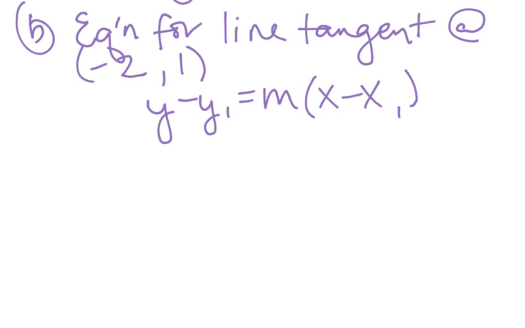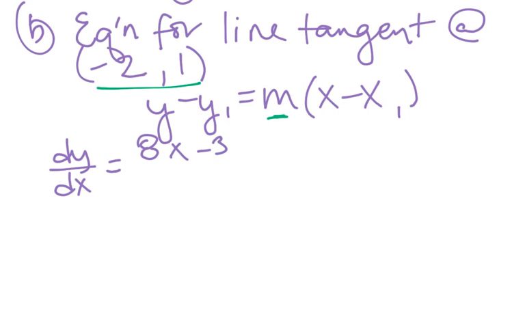We know slope is synonymous with derivative, so I need to find the derivative value at (-2, 1). So we had said that dy over dx was equal to 8x minus 3y over 3x minus 2y.